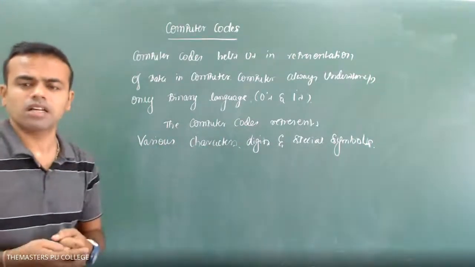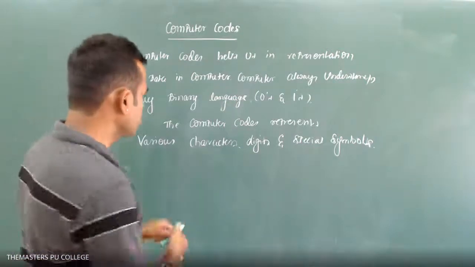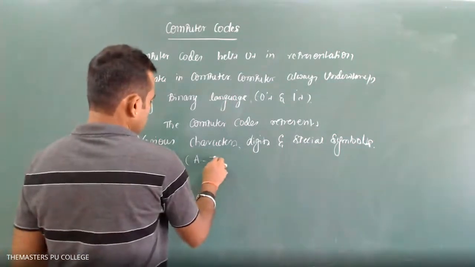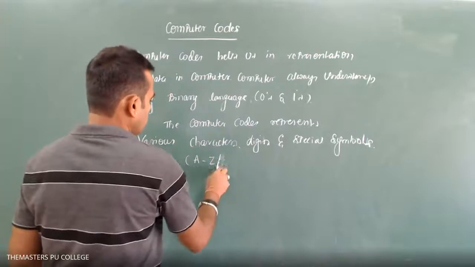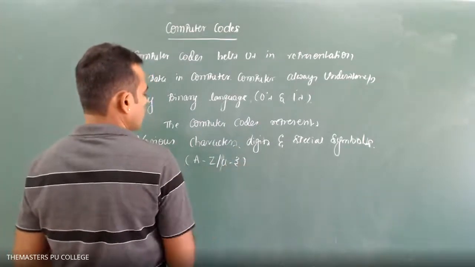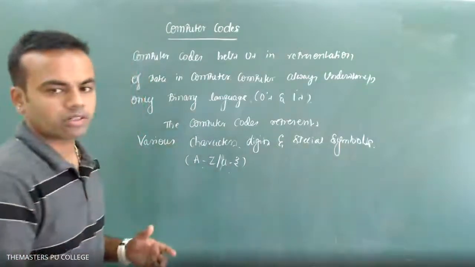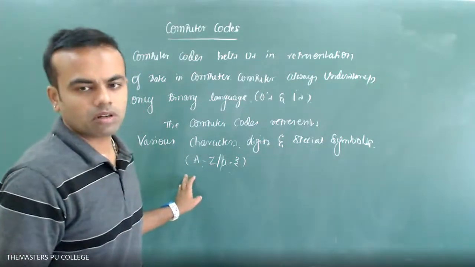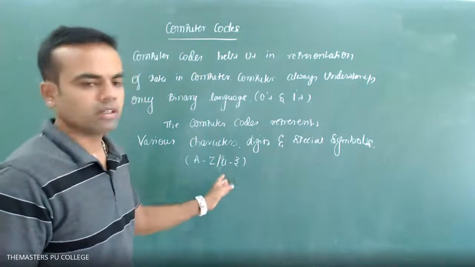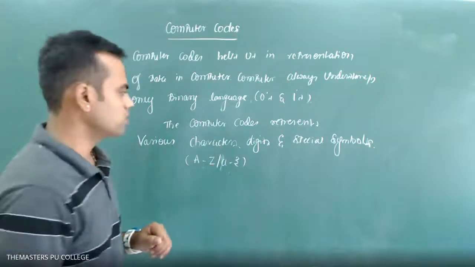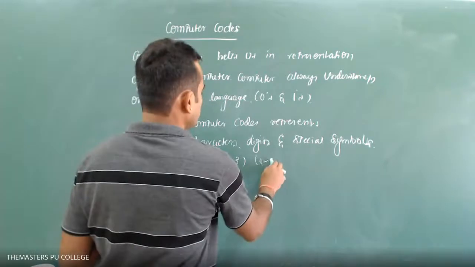Characters are alphabets, which can be uppercase or lowercase. A capital letter and a small letter, as we usually say in English, are called uppercase and lowercase in computer science. The digits are from 0 to 9.